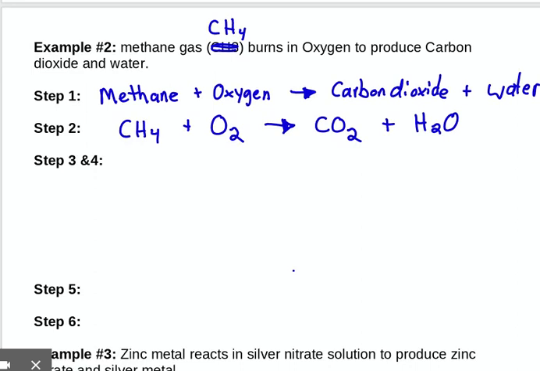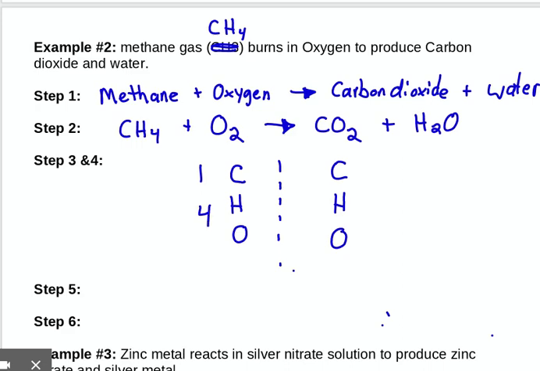All right, so now we have to count up our number and type of atoms on each side of our equation. So I'm going to draw my dashed line here. And I'm going to start with carbon, and I've got hydrogens and I've got oxygens. On my reactants side, it appears to me that I have 1 carbon.